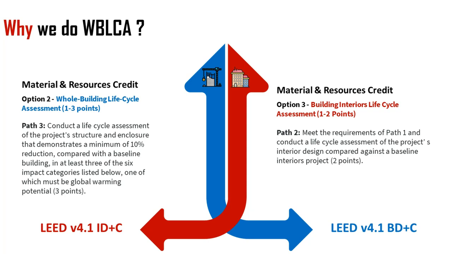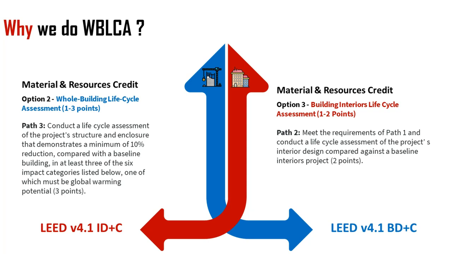So how many points can you maximum get? 1 to 2 points, right? If you see path 2 under option 3, normally various paths would be prescribed in the green building credit frameworks usually.